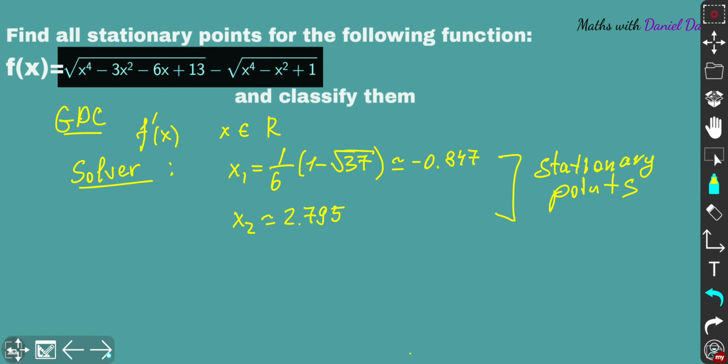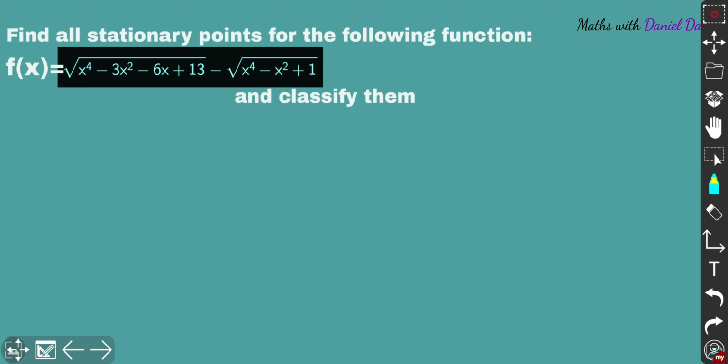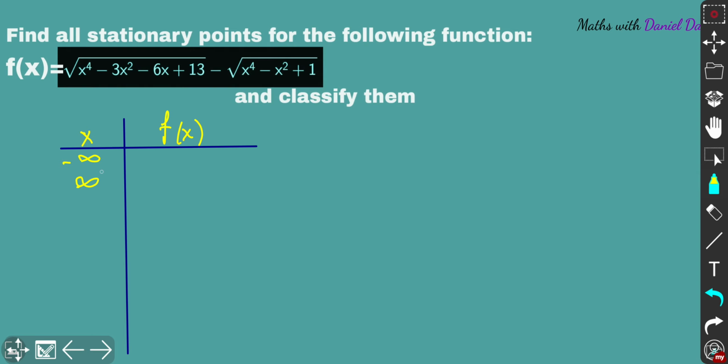So what we're going to do right now is build a table where we put x and the value for f(x), and amongst the values, I'm going to list all possible values, including the endpoints, which are negative infinity and positive infinity. We need to understand the general behavior of our function f(x). So that's why I first start from negative infinity and positive infinity. I would like to explore the endpoints, or probably I'll just list them in increasing order, okay?